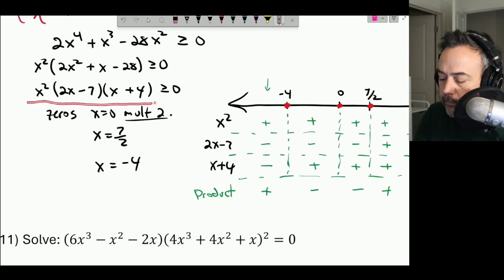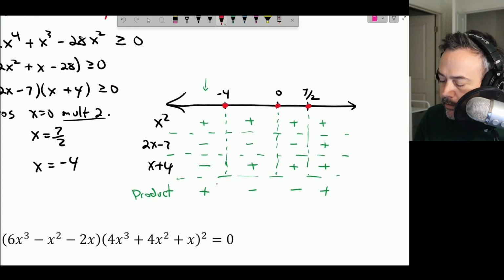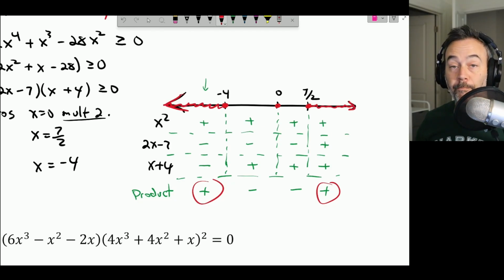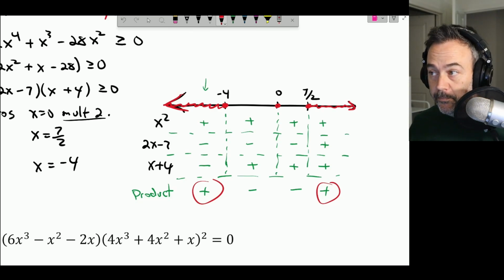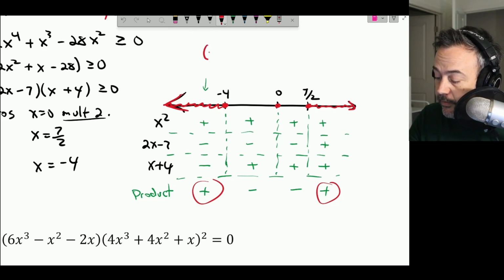What do I want? I want where the product is greater than or equal to 0. So I want this and this. I want where it's positive. So my graph is everything over here, and everything over here. My solution set in interval notation is everything from -infinity to -4 inclusive.